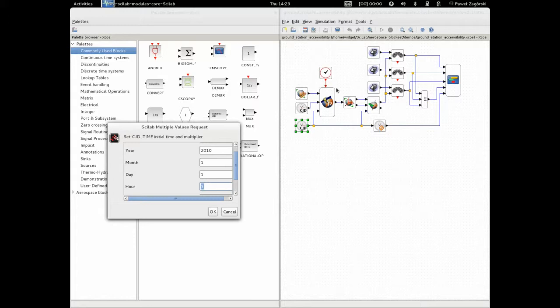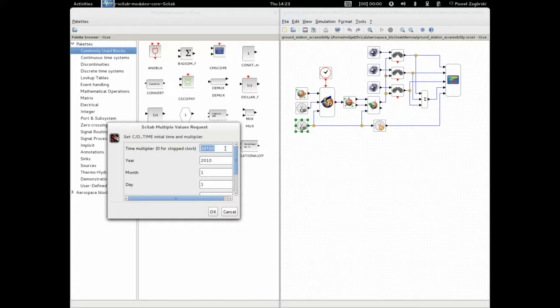The propagation block will have to calculate what are the values of Keplerian arguments at 3 o'clock based on those values known at midnight. And time multiplier is set differently this time, because we want this clock to actually count time.